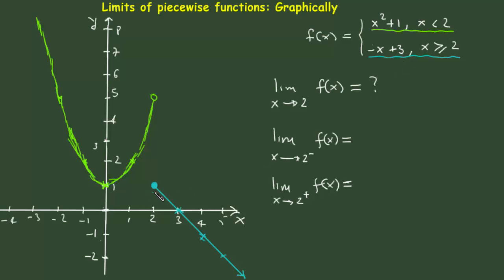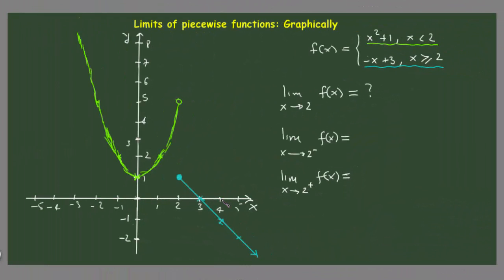This is 1, and this is what we got here. And if x equals 3, we're going to have 0, and that's what we got here on the x-axis. Now for x equals 4, we're going to have minus 4 plus 3. This is giving us minus 1, and this is the value we get here. And 5 is giving us minus 2, and so on. And this is our blue function.